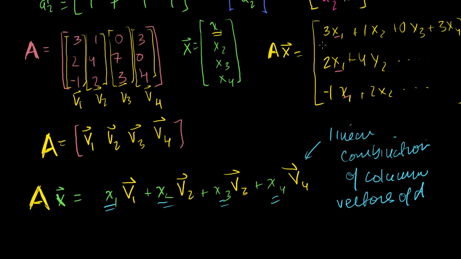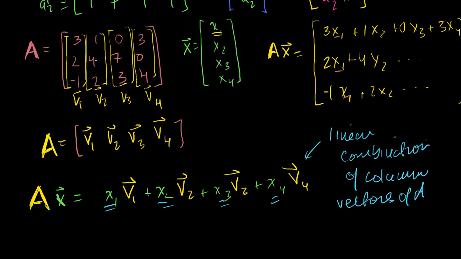I'm sure you've been exposed to matrix multiplication in the past, but I really want you to absorb these two ways of interpreting it, because they'll be important when we talk about column spaces and things like that in the future. Actually, there are other ways you can interpret it, such as a transformation of this vector x, but I won't cover that in this video for brevity.